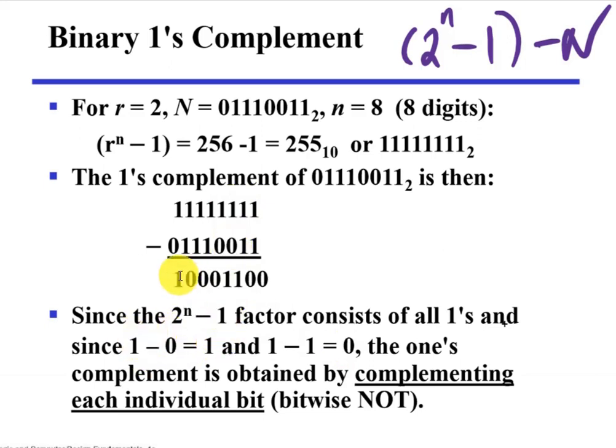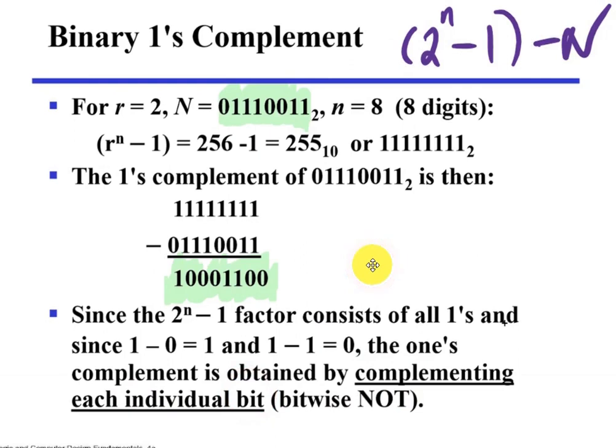If you compare this 1's complement to the original binary number, we see a relationship, which is obtained by inverting or complementing each individual bit, a bitwise invert. So 1 changes to 0, and 0 changes to 1. Basically, the 1's complement is obtained by inverting the binary number.